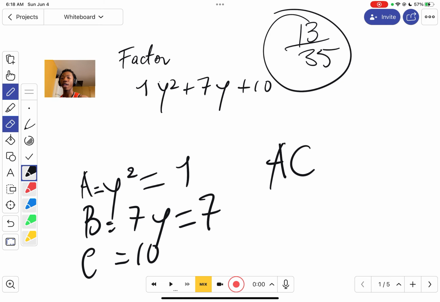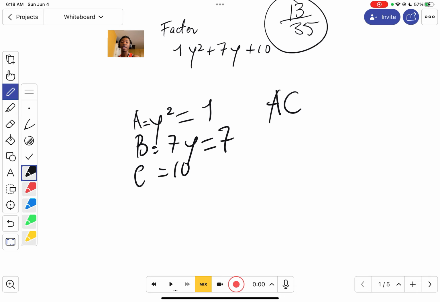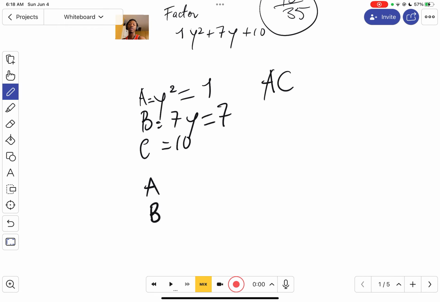So we're gonna rewrite it. A, B, C: A is equal to 1, B is equal to 7, and C is equal to 10.